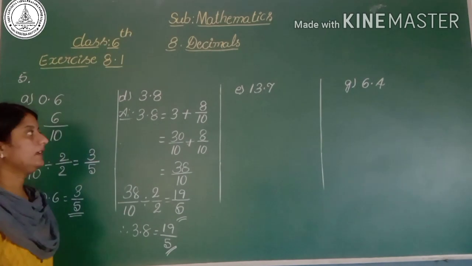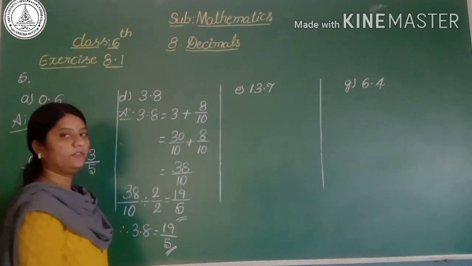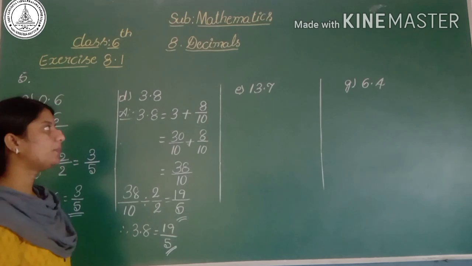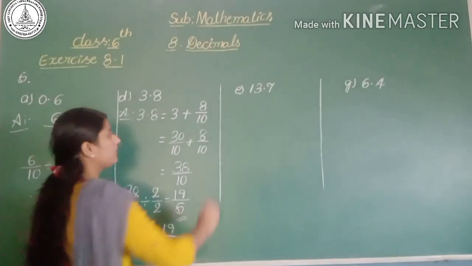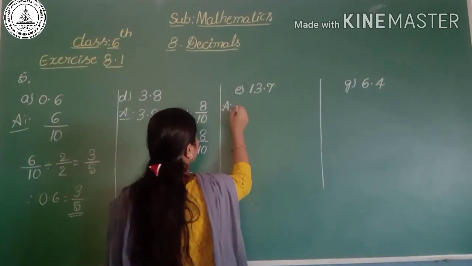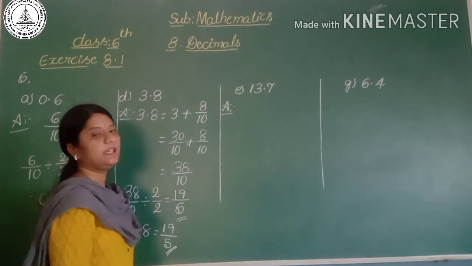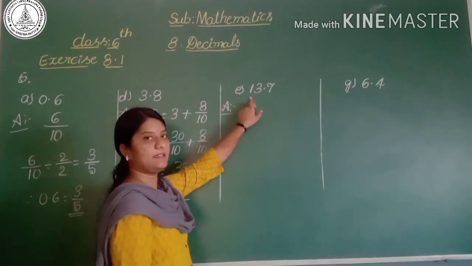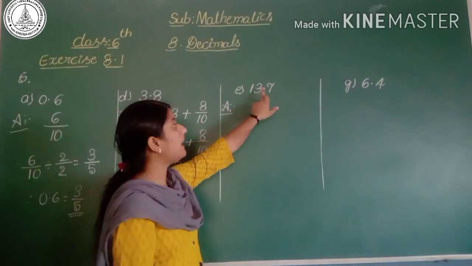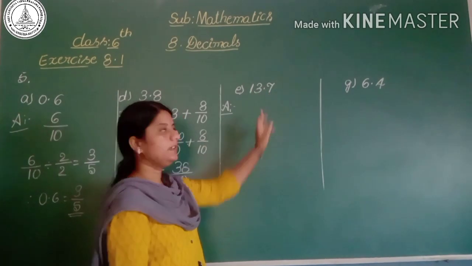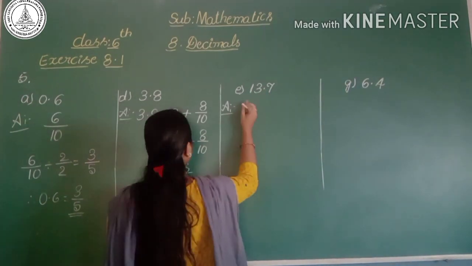Similarly the third question, 13.7. How can we write this 13.7 in fractional form? It is 1 ten, 3 ones and 7 tenths.